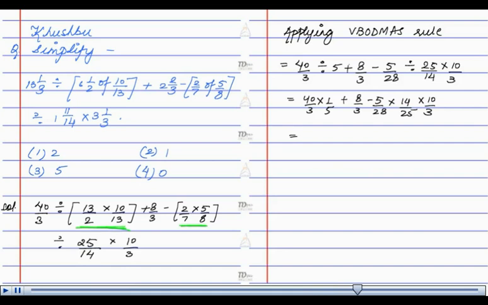That becomes equal to 40 by 3 into 1 by 5 is 8 by 3, plus 8 by 3, and 5 by 28 into 14 by 25 into 10 by 3 becomes minus 1 by 3. And so, on simplification we get 15 by 3, which is 5. Therefore, the correct answer is option number 3.